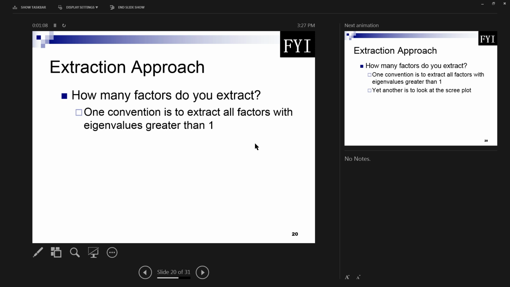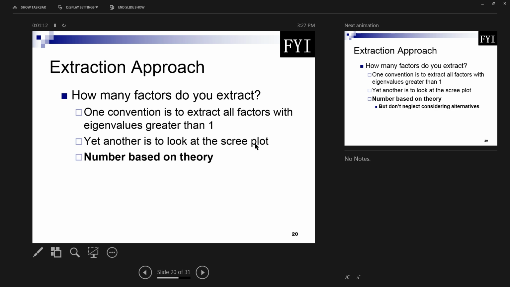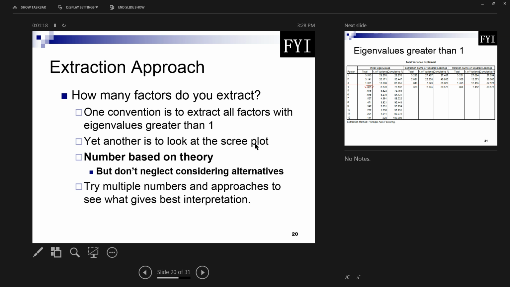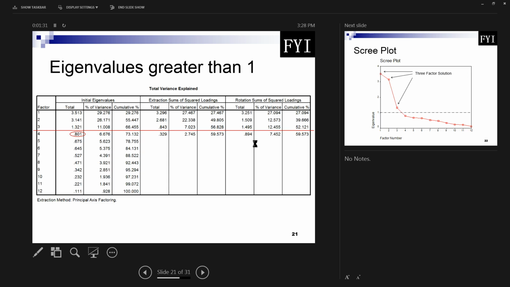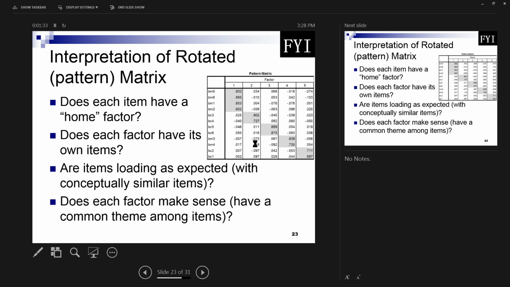And then I usually try to find a way to make it match, which is the number based on theory, my a priori theory. Try multiple approaches, but if you have an a priori theory like we do, we have 7 constructs. Eventually you need to try to get it down to those 7 constructs if possible, unless you discover something totally new, which we didn't.